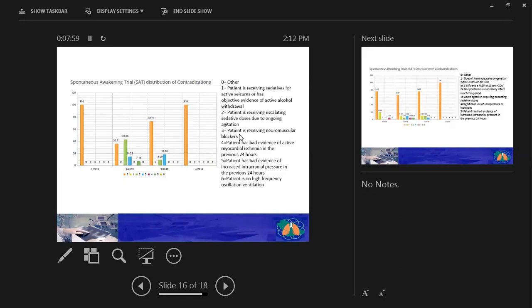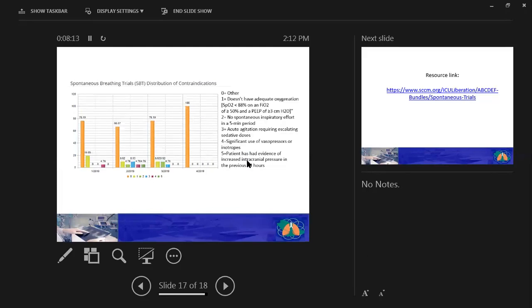Number 3, no, sorry, other is 0. So most people did not put a reason. But we have some patients who have seizures, some patients receiving neuromuscular blockers, and that's the reason for sedation. Not doing a spontaneous breathing trial, many people said other. So please try to put a reason. I think it will be useful to know what the reason is. Looks like most people put no reason. So please select a reason.